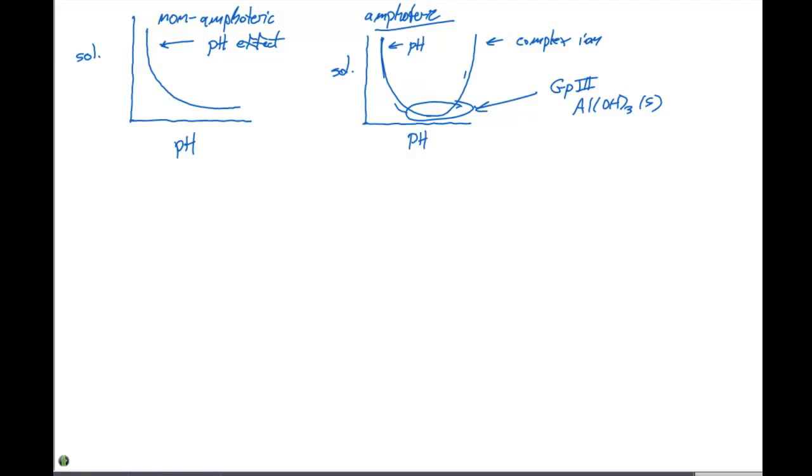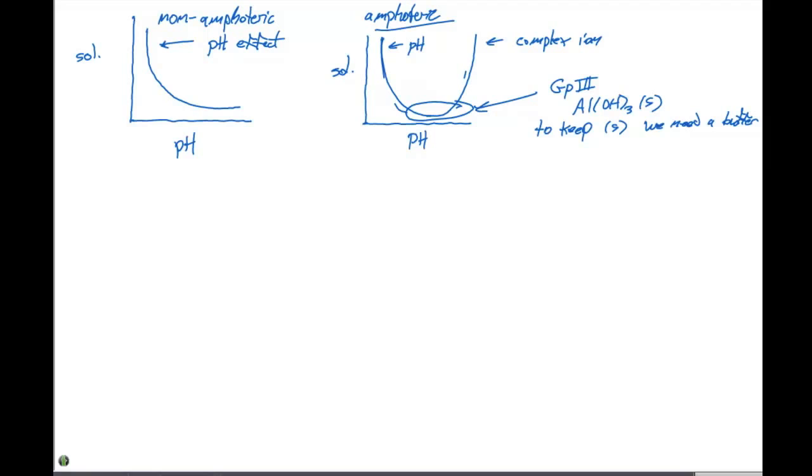So as a chemist, what type of solution do we need to keep that pH in that region? We need a buffer solution. So you notice on your flow chart, to keep aluminum hydroxide as a solid, or to keep the solid present, we need a buffer. And on your flow chart, if you look at that, we do use a buffer solution.